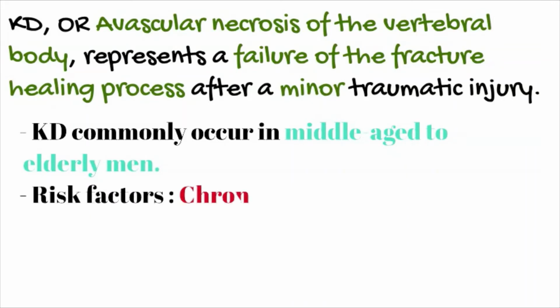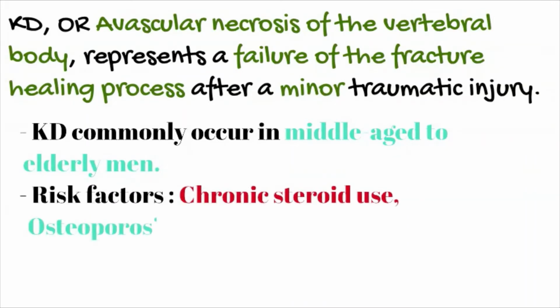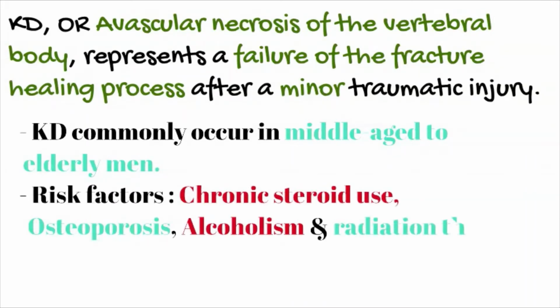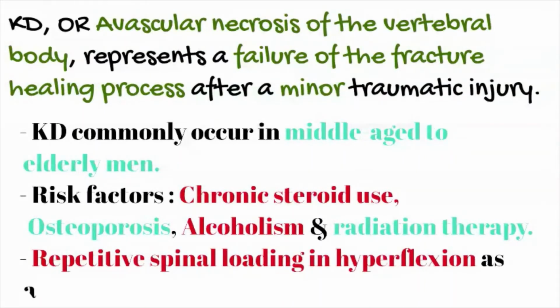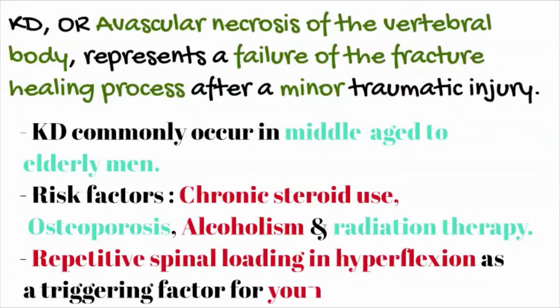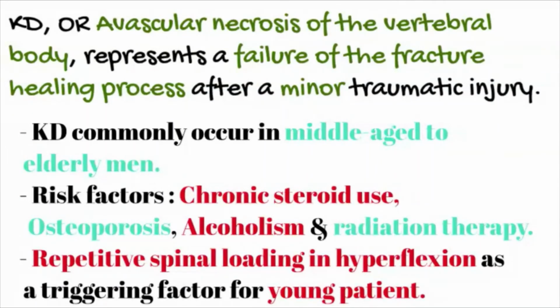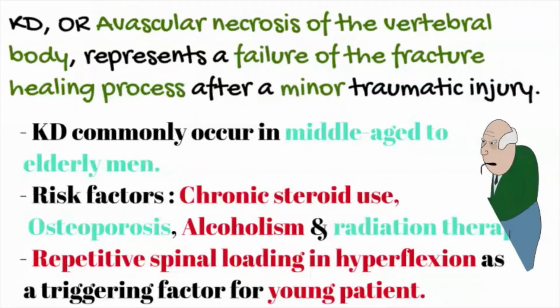Kummel disease commonly occurs in middle-aged to elderly men. The risk factors include chronic steroid use, osteoporosis, alcoholism, and radiation therapy. Repetitive spinal loading in hyperflexion is a triggering factor for a young patient.